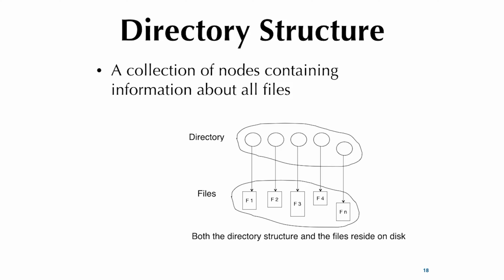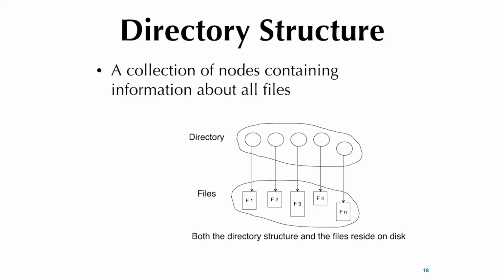Now, normally what you have is really a directory structure. A directory can be thought of as a collection of nodes containing information about all the files. You might call it just a container. It doesn't contain the files themselves, it contains references to the files.